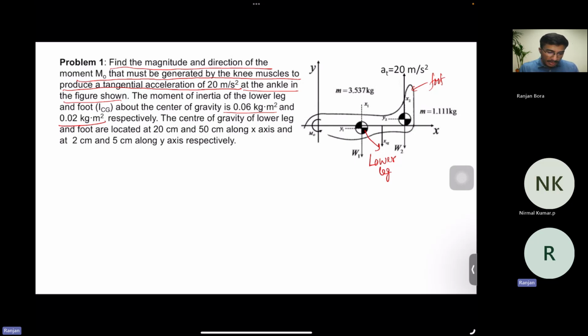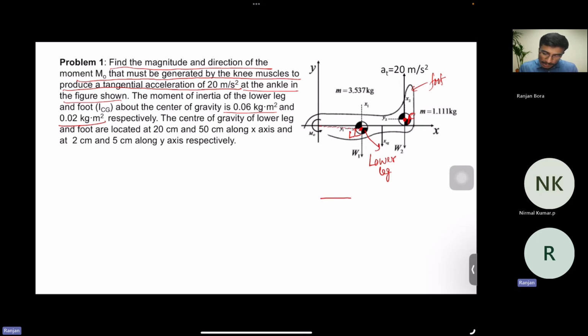Okay, so here the center of gravity of the lower leg is here and the center of gravity of the foot is here. So first we need to find this distance.